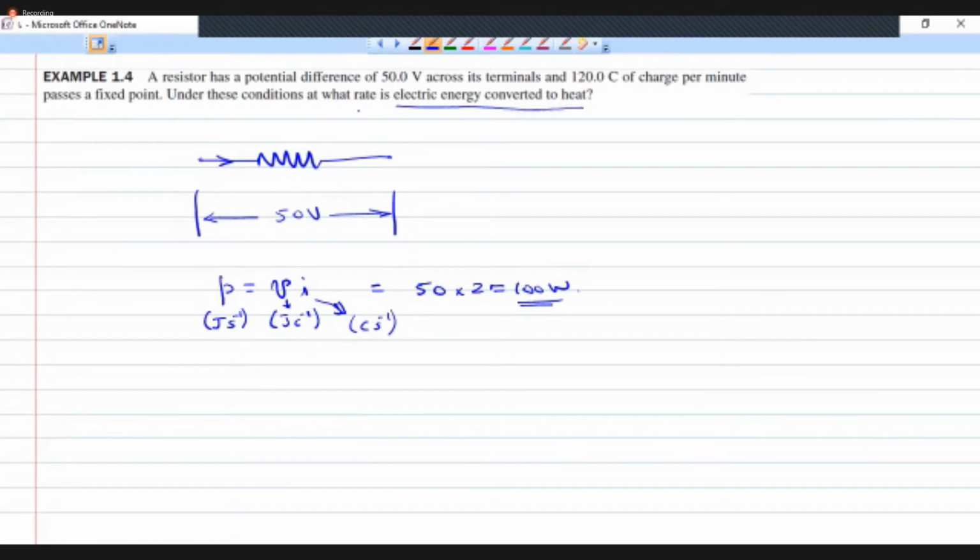So 100 joules of electrical energy is converted to heat in 1 second. Okay, so rate means per second. Or you can do the other method also, like you said, but since we are given the voltage and the current directly, it's better to go for this relationship. Okay, P is equal to the product of voltage into current. Okay, shortcut method.